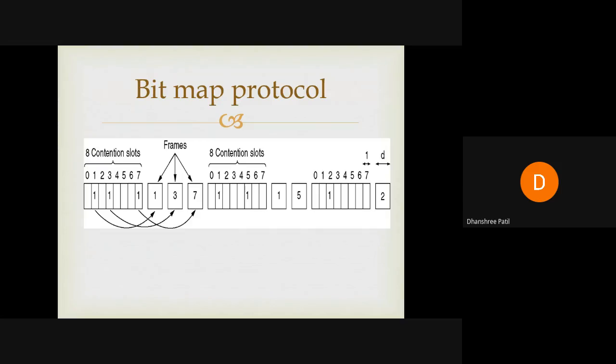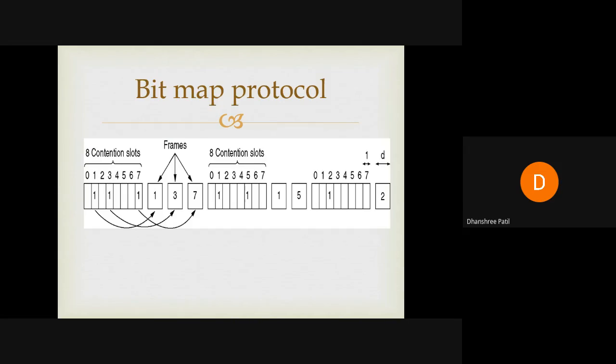In between, no station is allowed to send a frame. If any station wants to send a frame, it has to wait for its own turn. Then only it can send the frame. Protocols whose strategy of sending frames is already decided, such as the bitmap protocol, are also called reservation protocols.